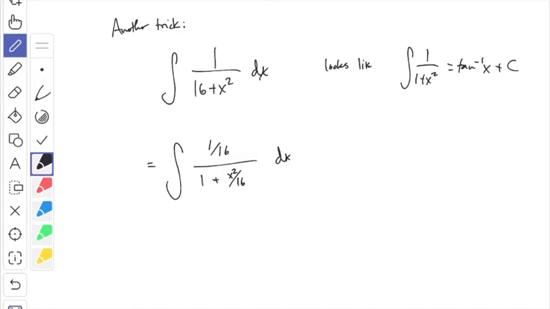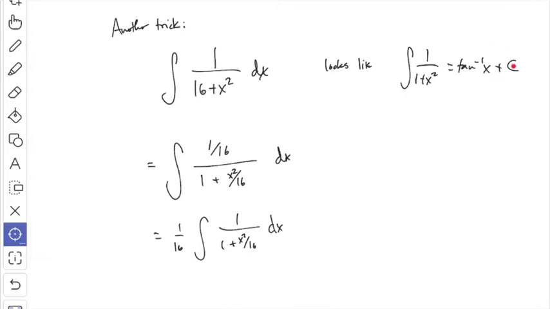And then the 1/16 up top, you can factor that all the way out of the integral, so that doesn't matter anymore in terms of figuring out how to do the integral. This looks better, right? My intention is to match it up with the inverse tangent integral formula. And I have repaired this, which used to be a 16 plus, and is now a 1 plus, so I like that better. How can we deal with x squared over 16?